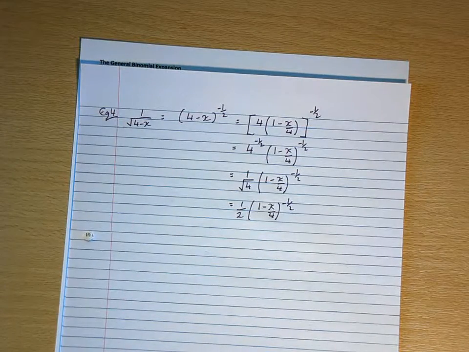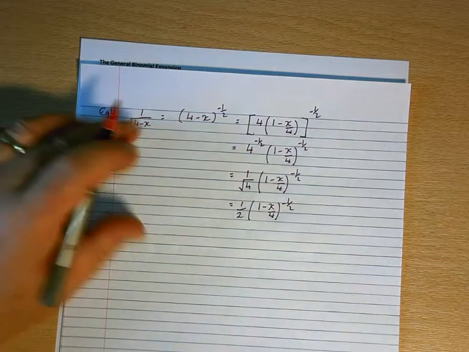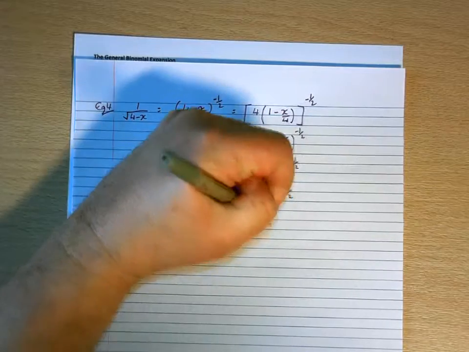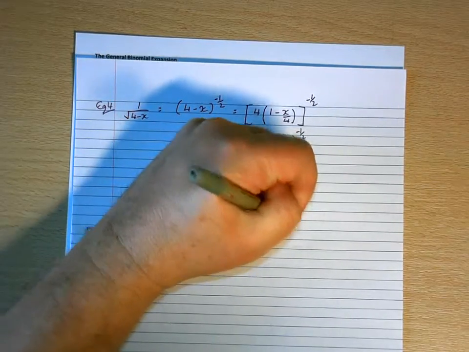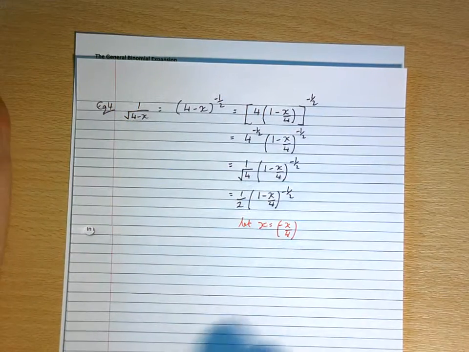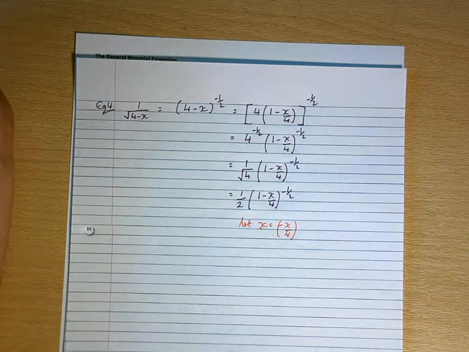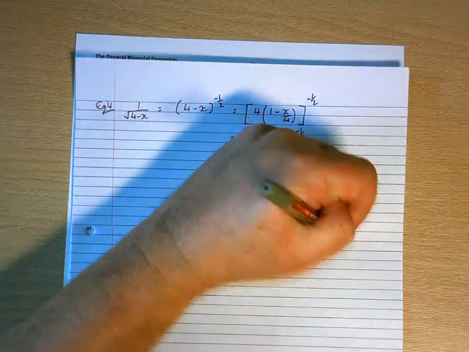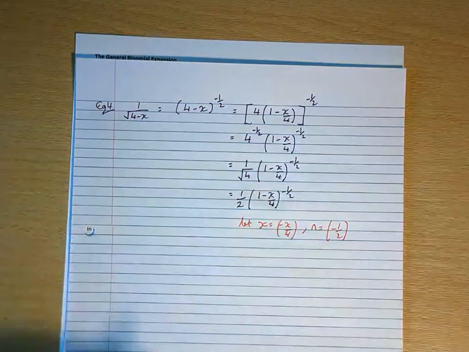So this now is something that we can apply a binomial expansion to, and what we're going to do is let x represent minus x over 4, and n is minus a half.